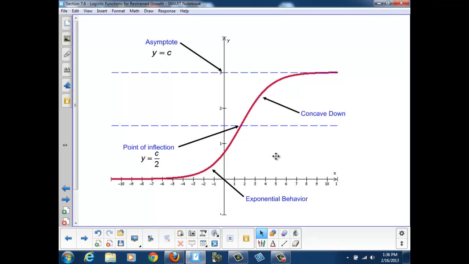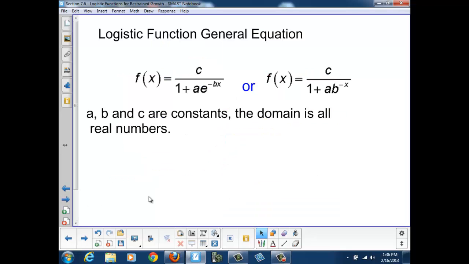Now let's talk about what type of equation would generate this type of graph. Here's the general equation for logistic functions. It's in two forms, one with a base of e being used and one with a base b.